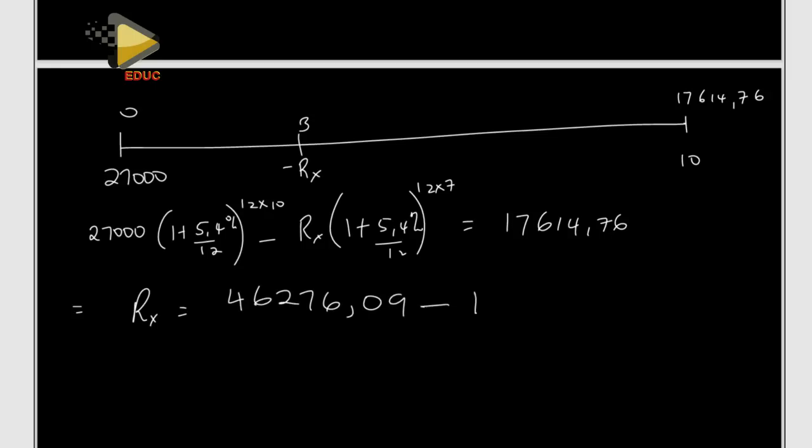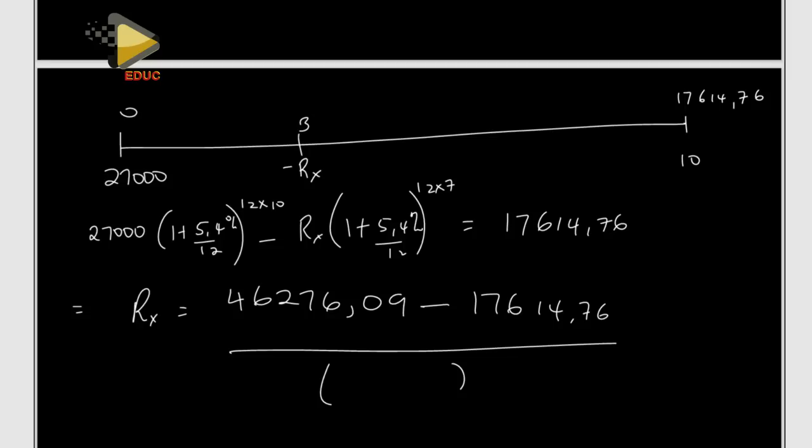I'm subtracting the 17,614.76, and then I'm going to divide by just this portion. So that portion alone, this is going to be 12 times 7. This should be 84.